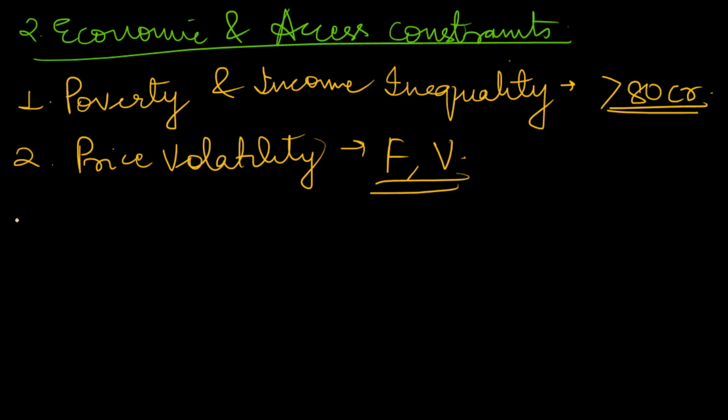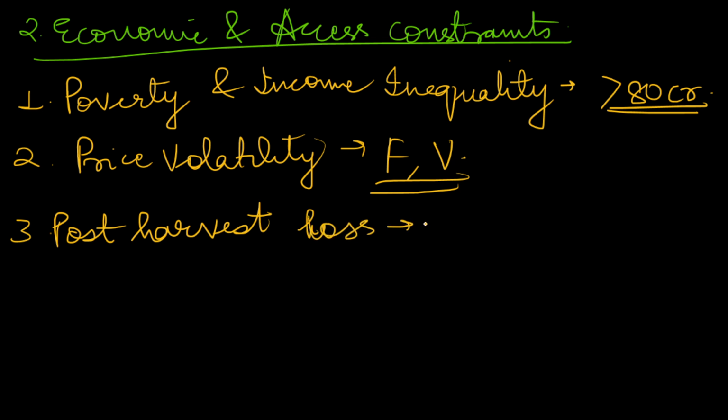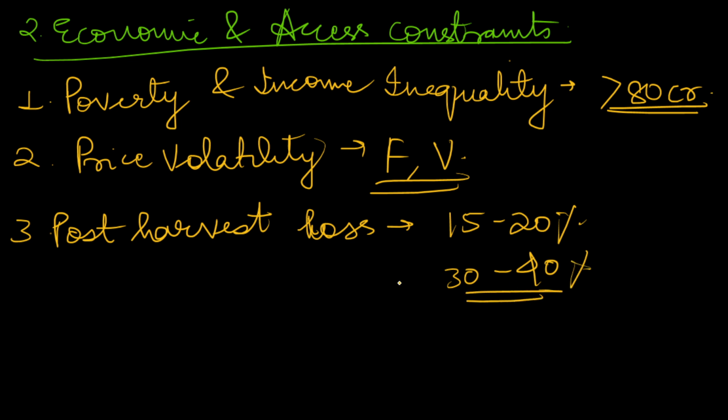Post harvest losses are there. Around 15 to 20% of grains are lost every year, and around 30 to 40% of fruits and vegetables are lost due to improper post harvest handling. Next, we have weak market linkages.